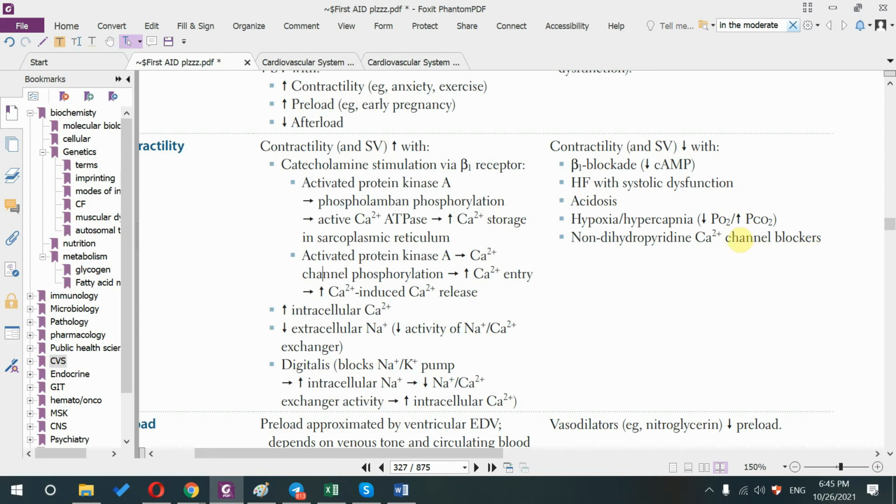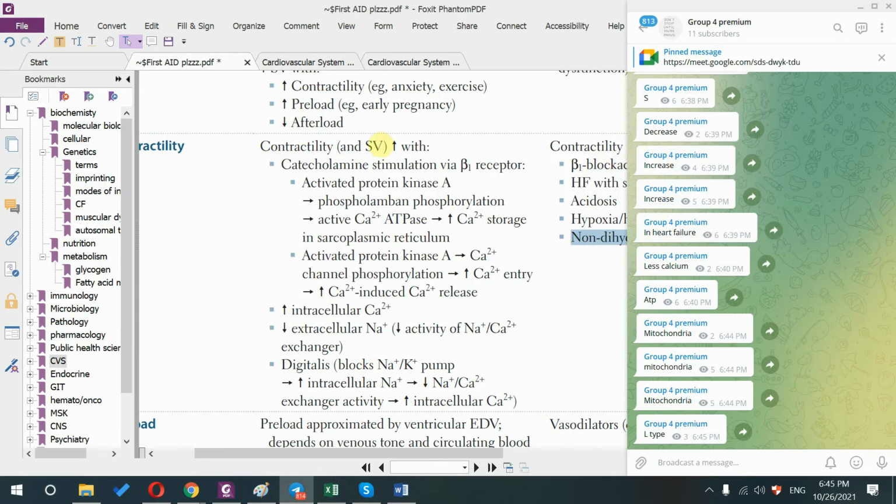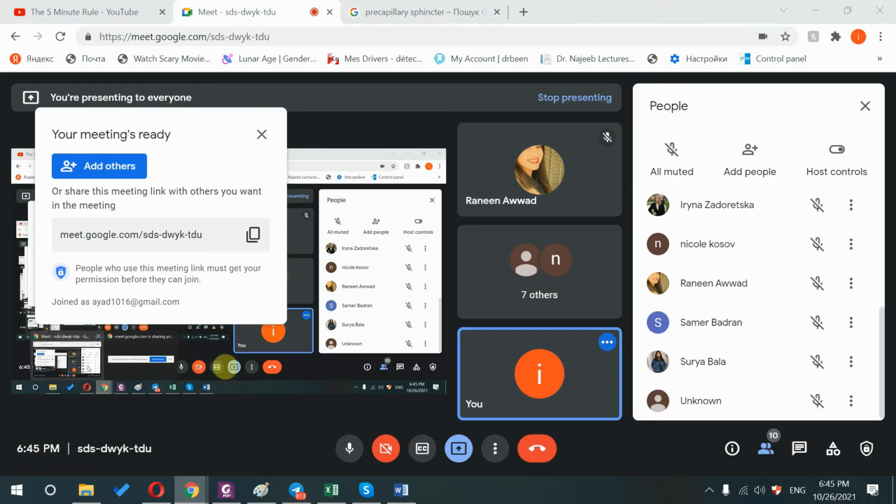But which channels do they work at? The calcium channels. So the question comes, well, what about the dihydropyridine calcium channel blocker? Where do they work at? The vessels. They don't work at the heart, guys. Let me show you this actually. It's quite interesting.